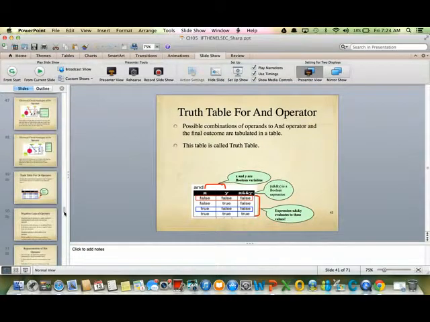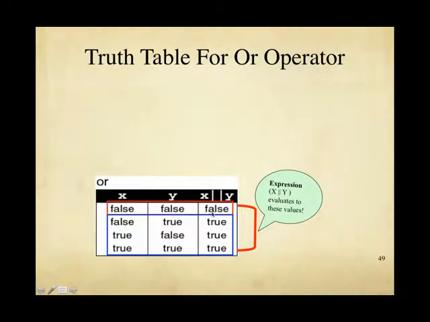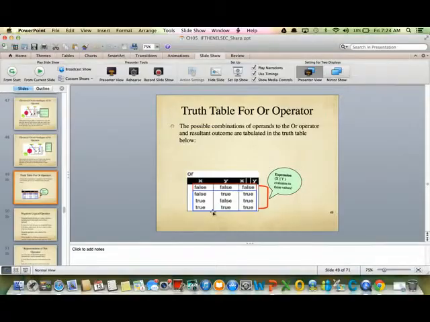In case of the OR operator, as long as one of the inputs is true or both inputs are true, we get a true result, but the only time we get a false result is when both inputs are false.